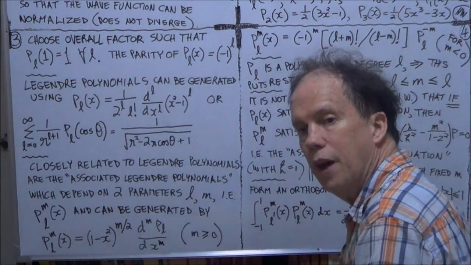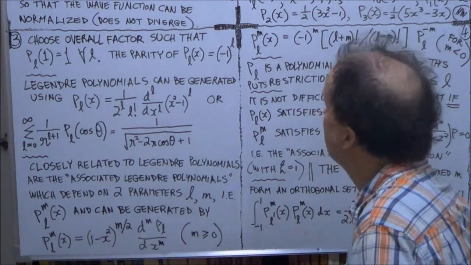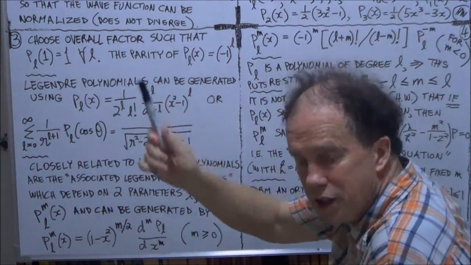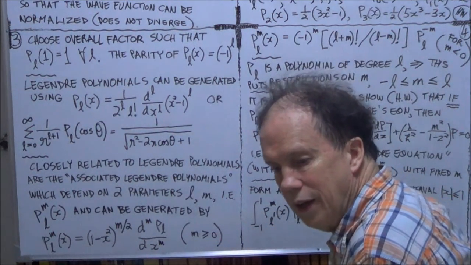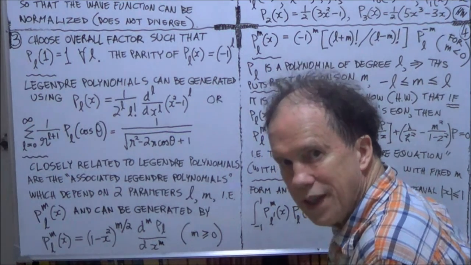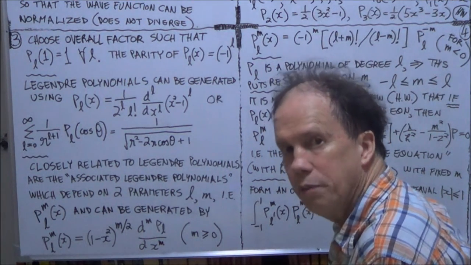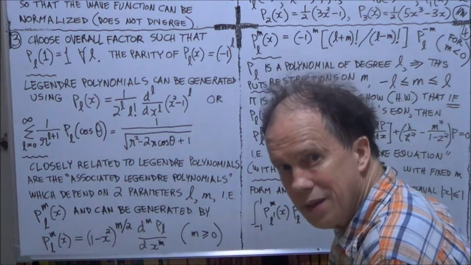They're either an odd or an even function. And so you can form a formula for the parity. Parity just means either even or odd function. Remember, for an even function, f of minus x equals f of x, and it has odd parity if f of minus x equals minus f of x.